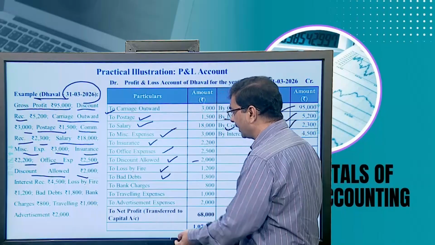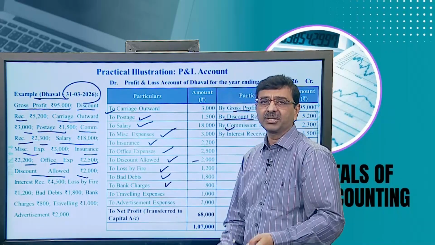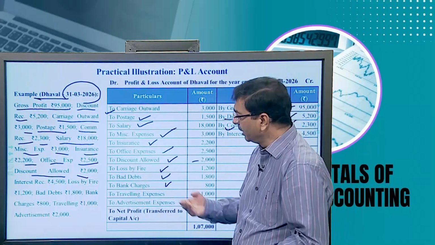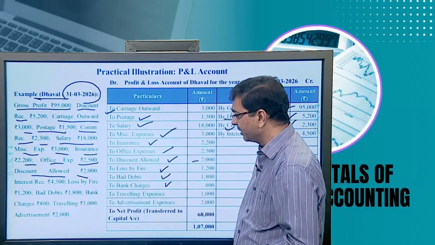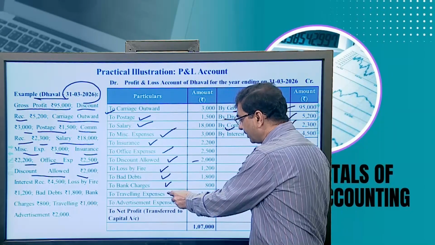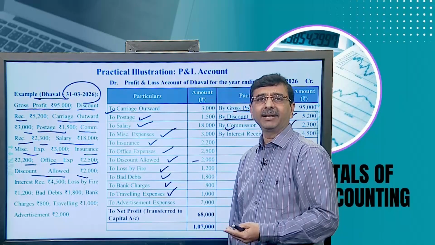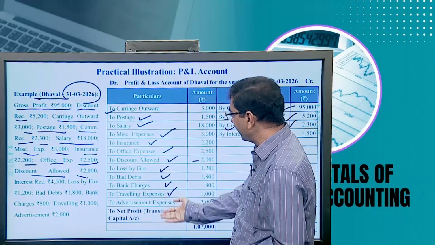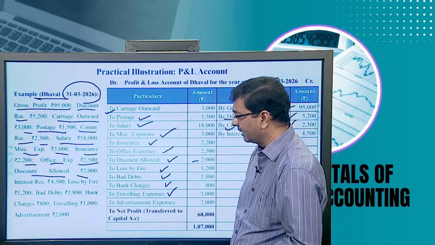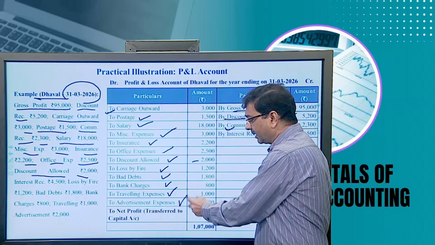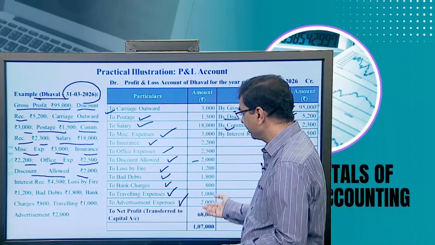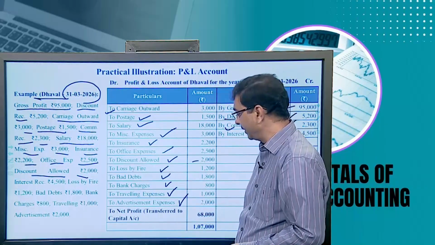Bank charges, again a debit because of the charges debited by the bank in our account. So, it's an expense, bank charges debit. Traveling expenses, a selling and distribution kind of expense, but an expense. So, it's debit side. Advertisement expense, again selling and distribution expenses, but expenses, that's why it's debit.